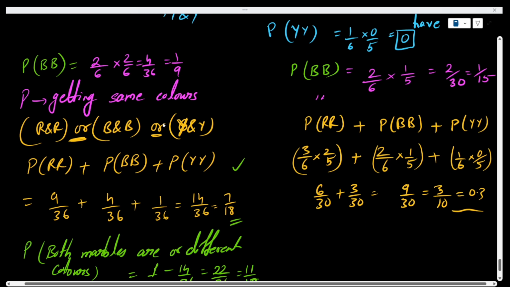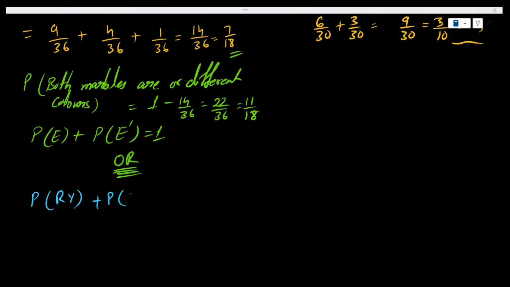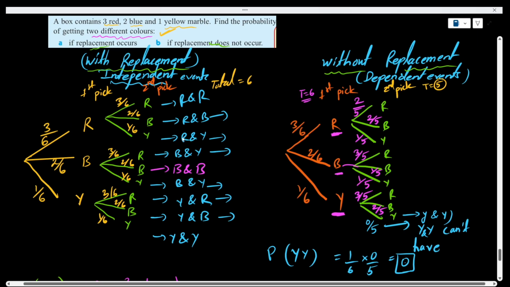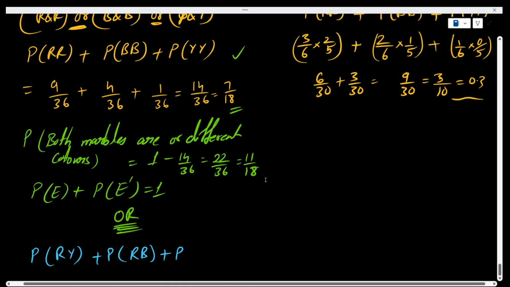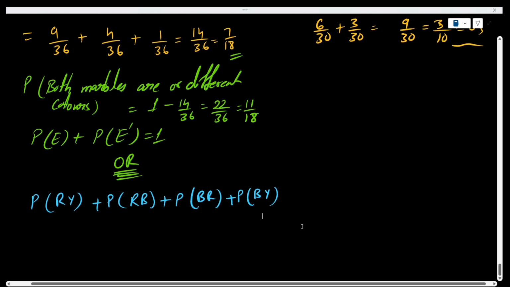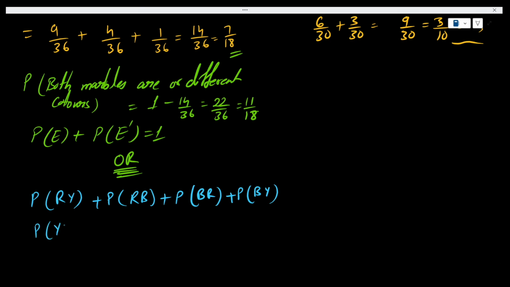If we are taking it, it can be red yellow, it can be red blue, then blue red, blue yellow. So you can take probability of blue red plus probability of blue yellow. Then you can take yellow red, probability of yellow and red, then add probability of yellow blue. Then yellow yellow is going to be the same thing.